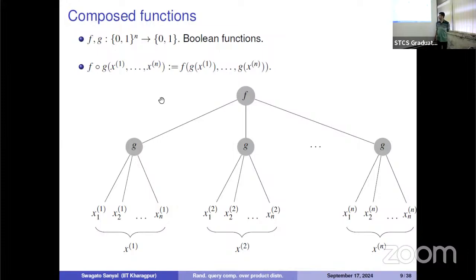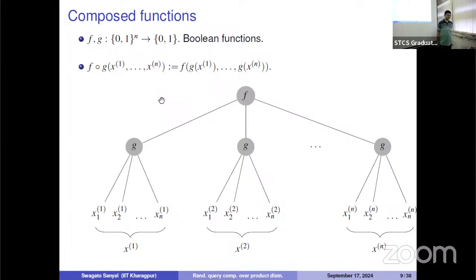You apply g on each part, and this gives you n bits. Apply f on those n bits, and the output of that application of f is defined to be the output of f compose g on this bit string. There is a notational abuse here. f compose g power n is probably more appropriate, as Raghuvansh was pointing out earlier, but I'll use f compose g.